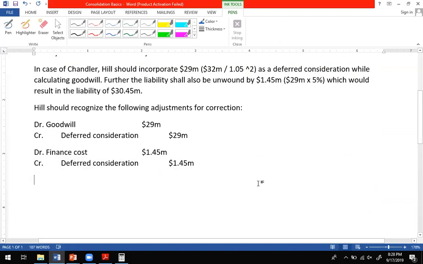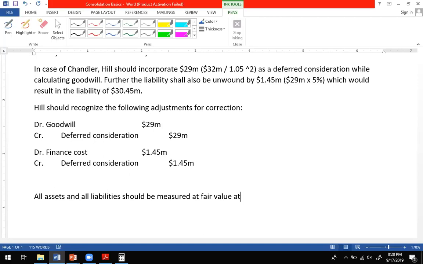So if I go back to the answer, we can say that all assets and all liabilities should be measured at fair value at the date of acquisition. And we can even be more precise: all assets and all liabilities of the subsidiary should be measured at fair value at the date of acquisition.